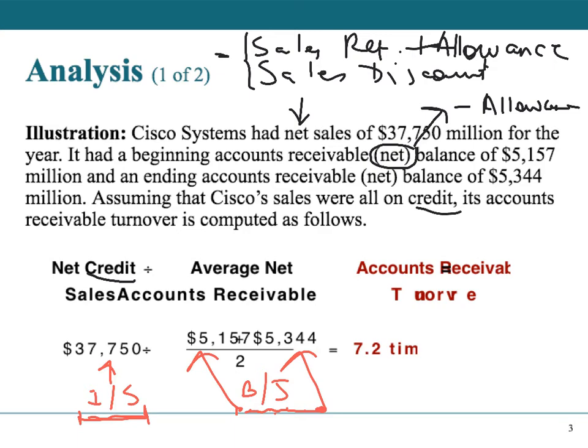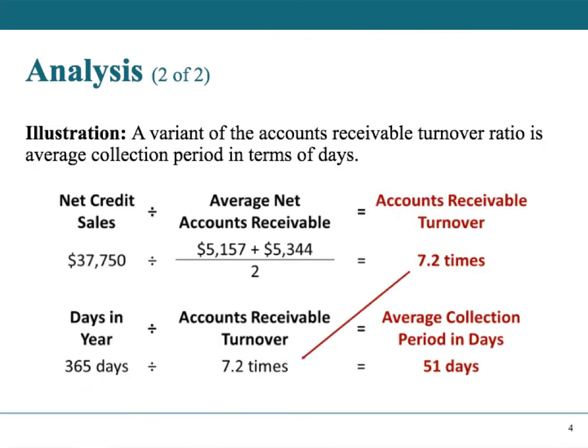If you have income statement and balance sheet number in the same ratio, you'll have to always average the balance sheet amount, like it is in this case. And in some ratios, you will only have balance sheet, for example, current ratio. In this case, because they're both in the same time period at the end of the year or the period, then you don't have to average them.